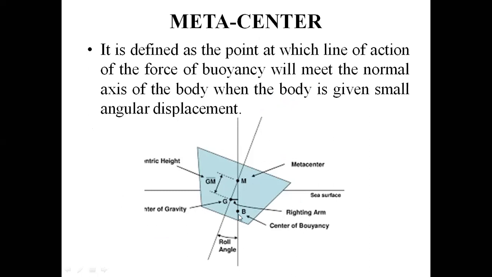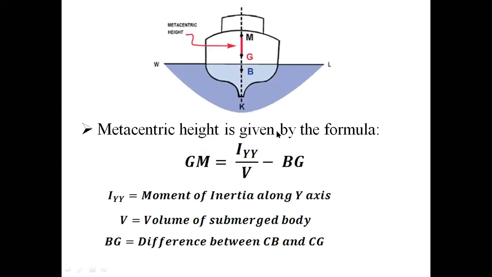When this center of buoyancy is traced back towards the normal axis, the point of intersection is called the metacenter. And metacentric height is calculated by the formula Iyy divided by V minus BG, where Iyy is the moment of inertia along the y-axis, V is the volume of the submerged body, and BG is the difference between Cb, the center of buoyancy, and Cg, the center of gravity.